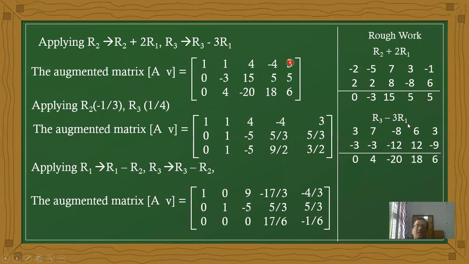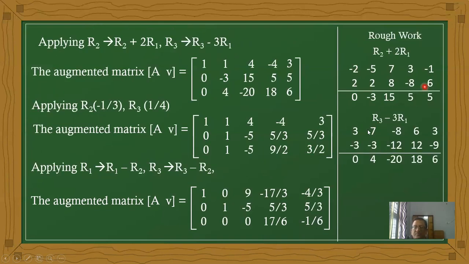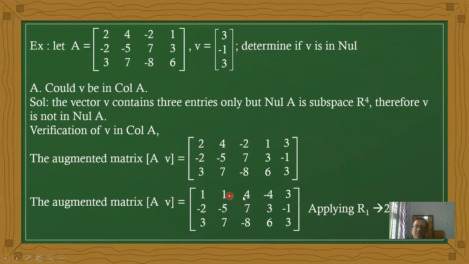Okay. In the second row there is a change. First we are taking the second row values, that is minus 2, minus 5, 7, 3, minus 1. After that, 2 times the first row: 2, 2, 8, minus 8, 6 it is now.